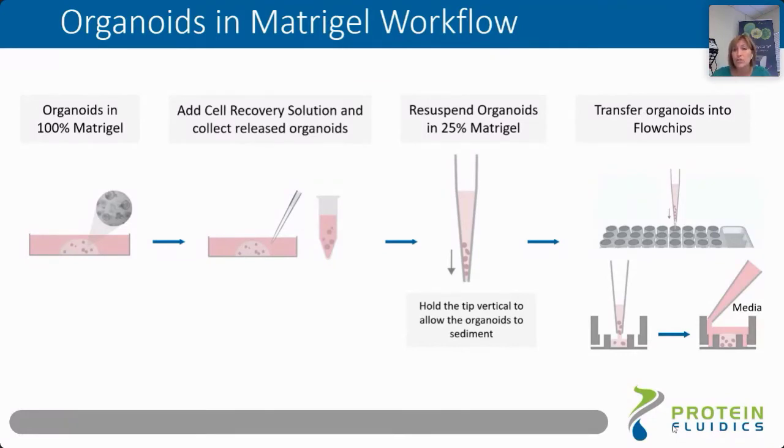Now, here on the picture, you can see that during the dispense of the organoid in the flow chip, Matrigel forms sort of a mini dome inside the protected chamber, which is very convenient, and your organoids are suspended inside this dome. And then we'll let Matrigel solidify and put 20 microliters of culture media on top of it.